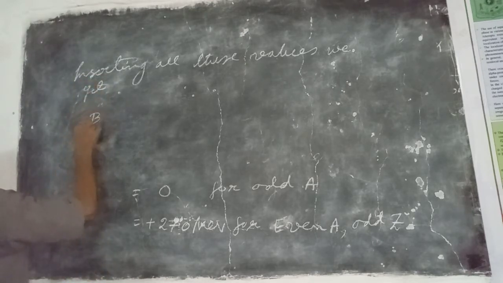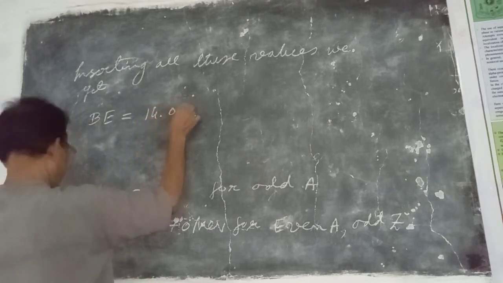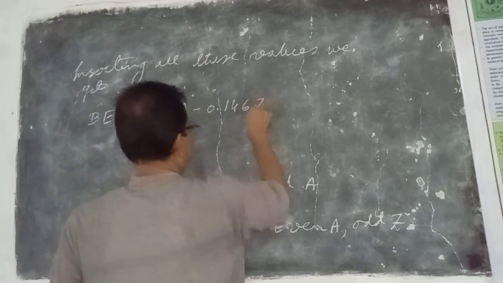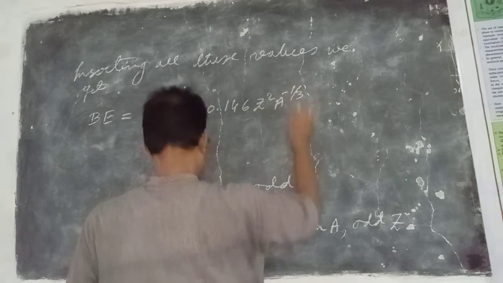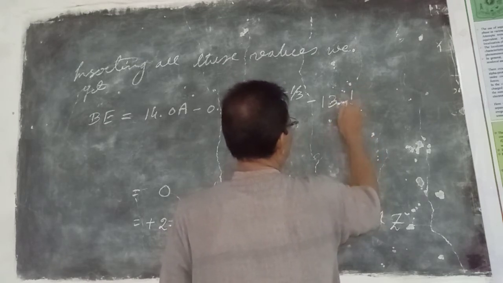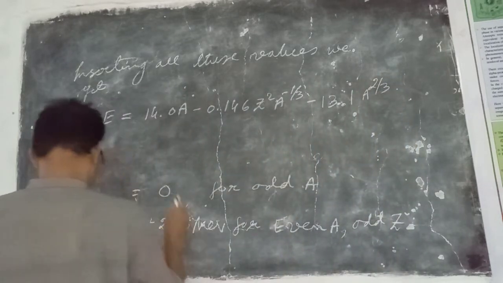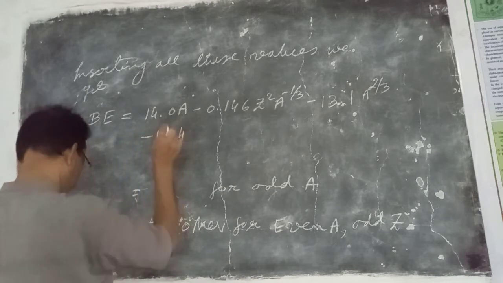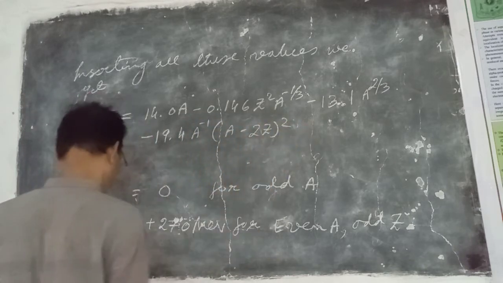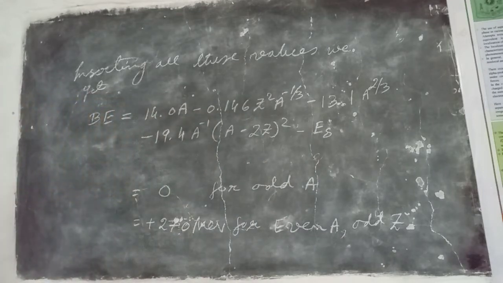The binding energy of a particular nucleus is given by 14.0 A minus 0.146 Z squared A to the power minus 1/3 minus 13.1 A to the power 2/3 minus 19.4 (A minus 2Z) whole square over A, minus delta.